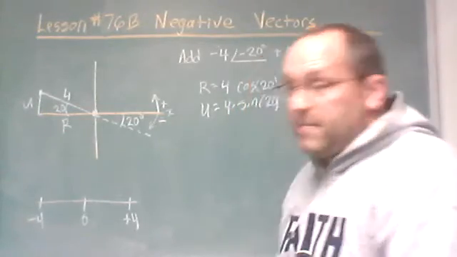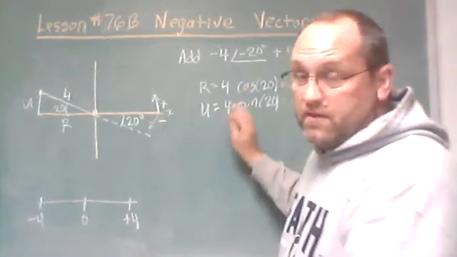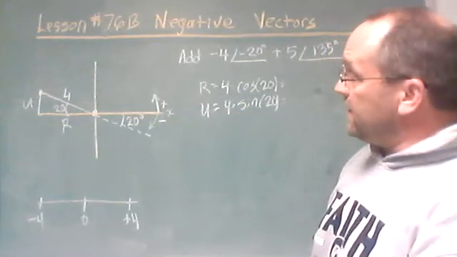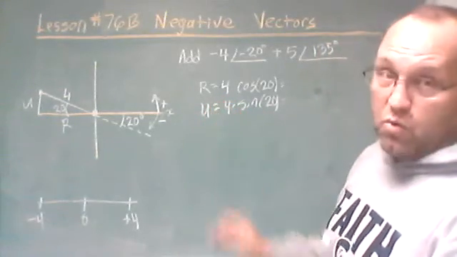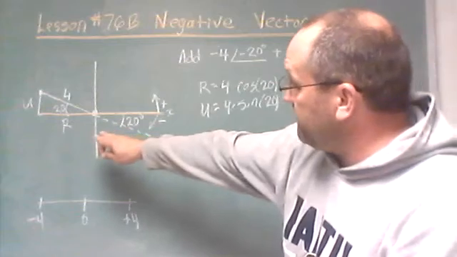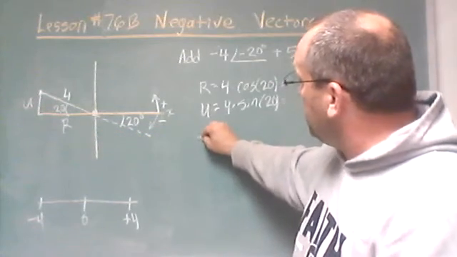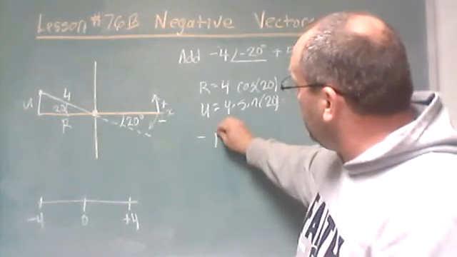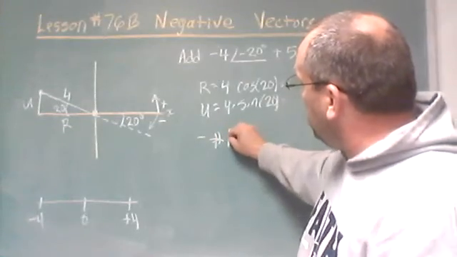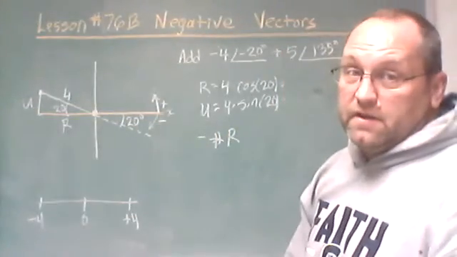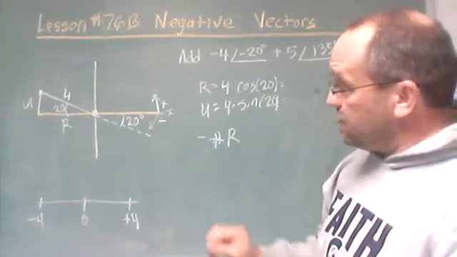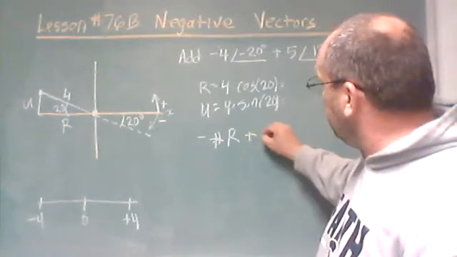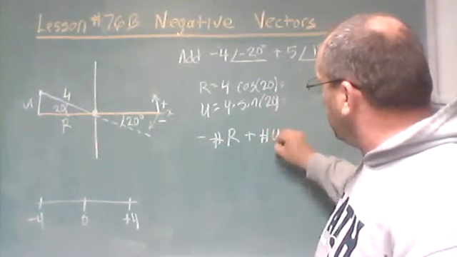I'm not going to do the math on those. Then we combine those into polar coordinates. The number in the r direction is going to be negative because it goes to the left, and the number in the u direction is going to be positive.